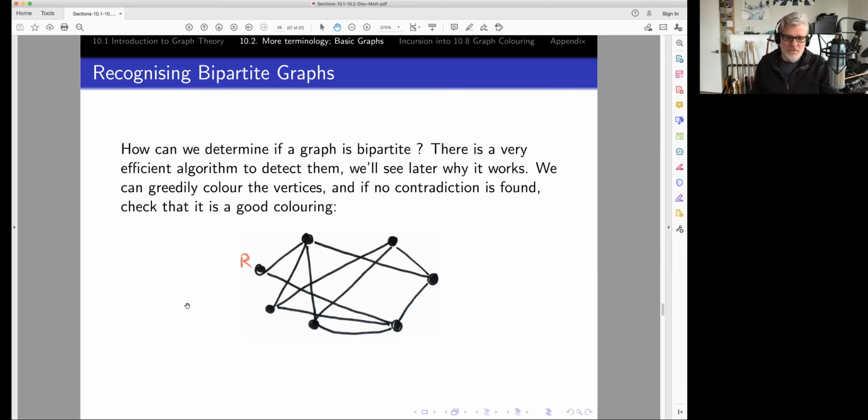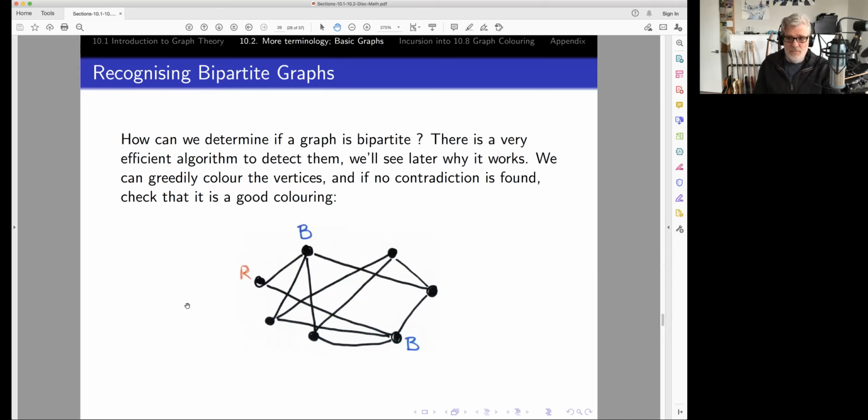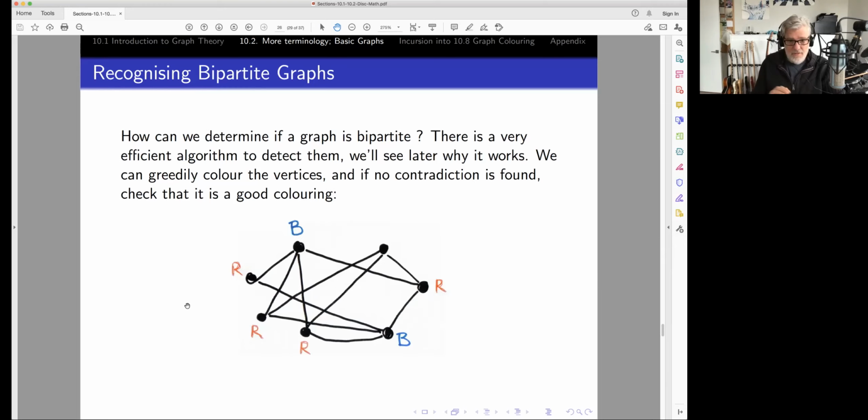Once I know this vertex is red, then I know that all its neighbors have to be the other color, right? So they will have to be blue. There is absolutely no other choice. Now, the neighbors of these blue vertices all have to be red. There is no choice. So they are red. And now the neighbors of all these red vertices have to be blue.